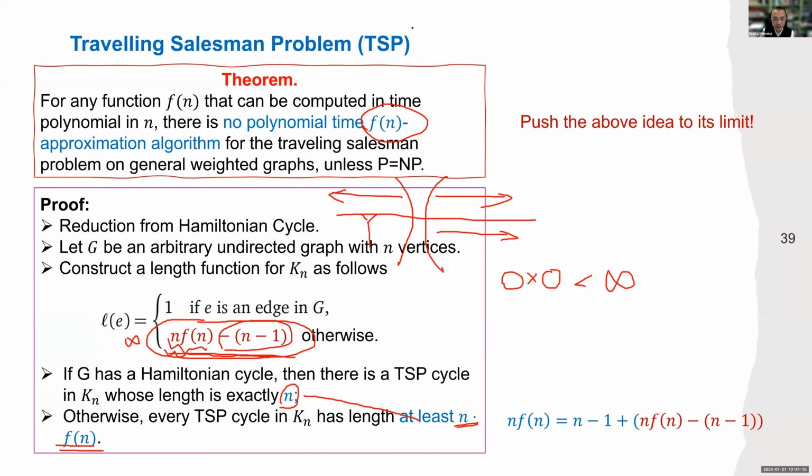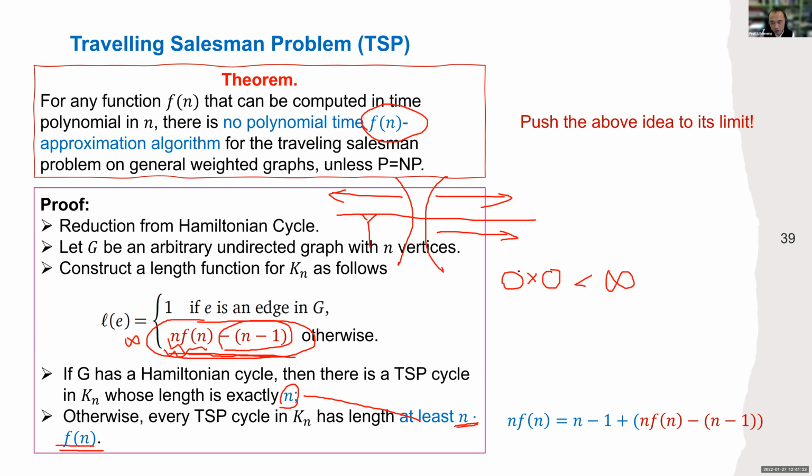Okay, so Xinran, you are right. You can just consider fn to be a penalty function. And with this penalty function, you can achieve that. The solution for the case when you have a Hamiltonian cycle is a finite number, n. And for those graphs which do not have a Hamiltonian cycle, the cost is infinity.